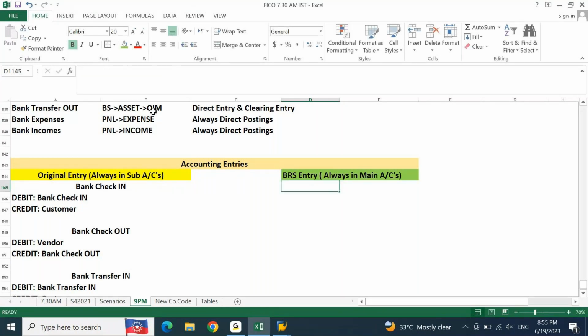Original entry is always posted in sub account. BRS entry is always posted in main account. In short, BRS entry is always a transfer posting from bank sub account to bank main account. Am I correct?